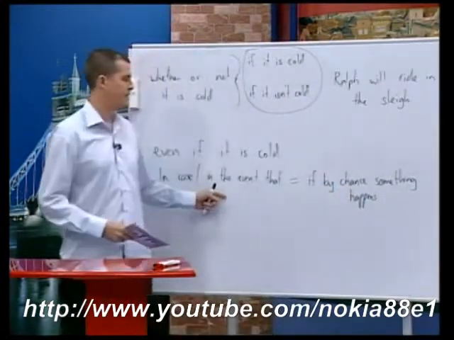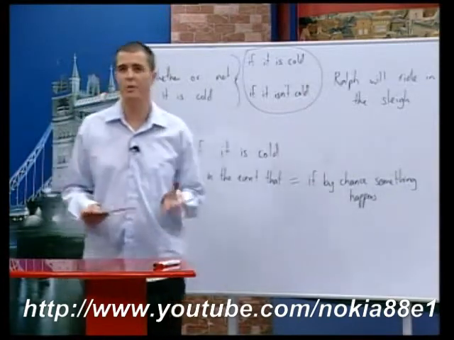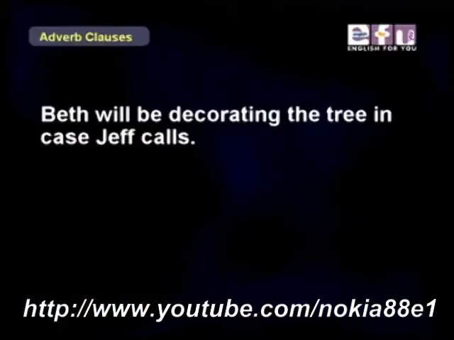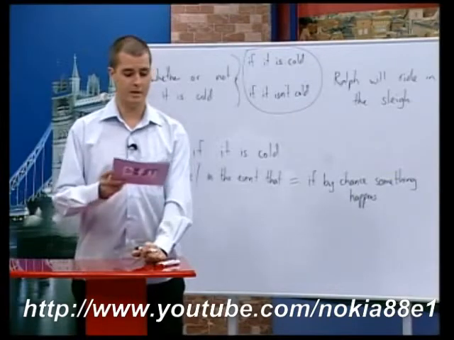In case, in the event that, if by chance something happens. Maybe it will happen, it probably won't happen. In the first sentence, Jeff probably won't call. And in the second sentence, Santa will probably come. Well, now let's practice.